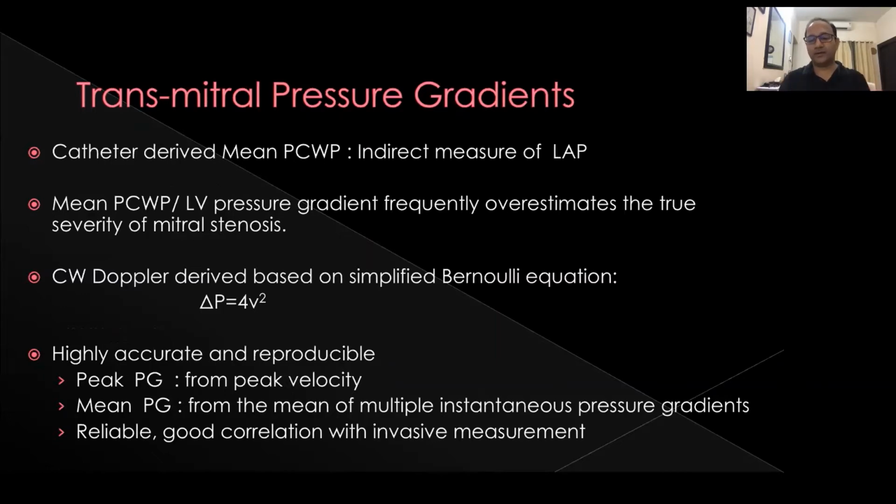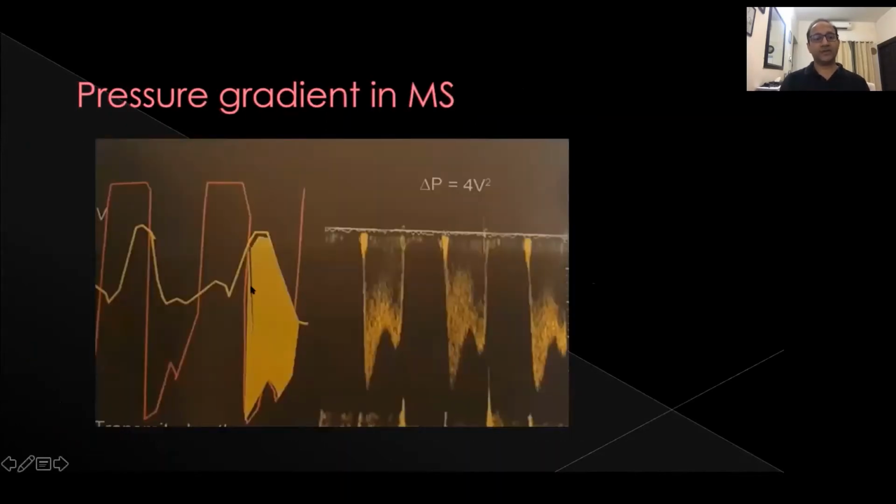When the Doppler came in, and by pressure gradient equal to 4V squared by Bernoulli equation, we got peak pressure gradient and mean pressure gradient, okay? And it was shown that the mean pressure gradient actually had pretty good correlation with the invasive measurements, and it is highly reliable. So this is the cath data.